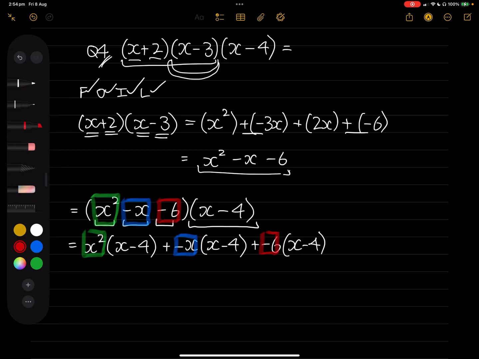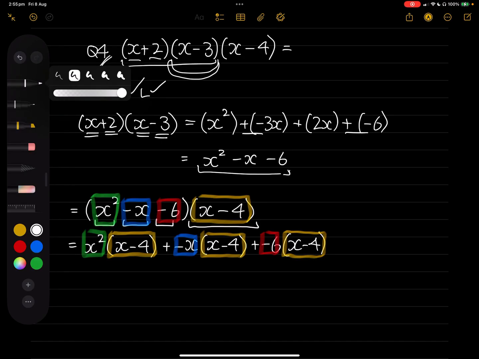And then we have the x minus 4 here, here, and here. So these kind of triple expansions, every kind of expansion really does work like this. You can multiply the end binomial by each of the terms in the trinomial, and then just write them out separately. So now we're just going to do 3 bracket expansions, really.